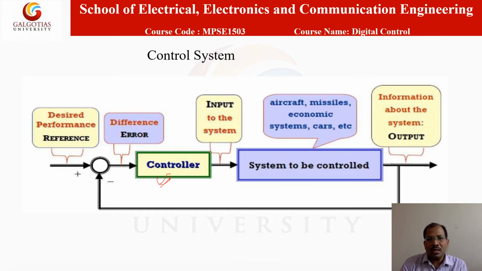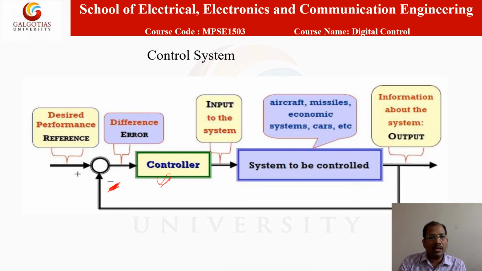This error signal plays the main role. Using this error signal, the controller issues the input signal to the system, and then the system gives some desired output. If this output is fed back to the input side, that is called a feedback system. Here we are taking the negative sign, so that is a negative feedback system.